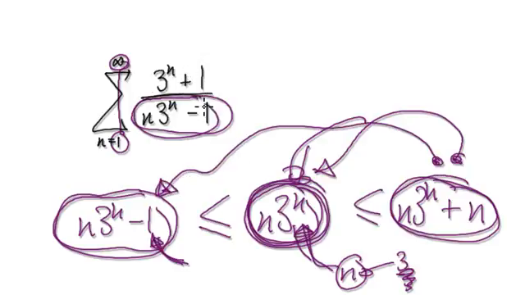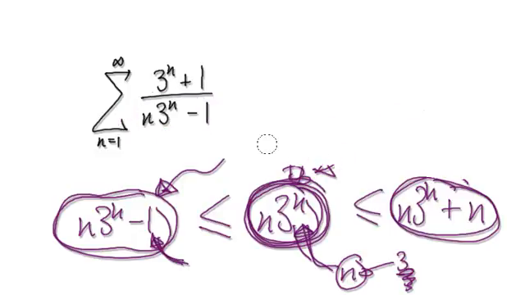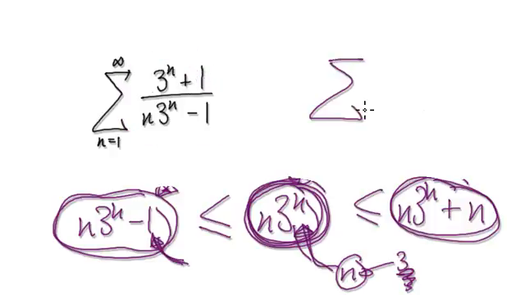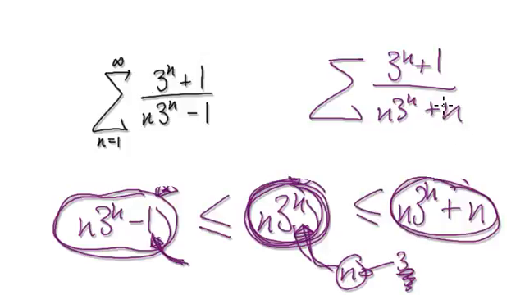So looking at the denominator, I can compare this to this, exactly the same on the numerator, and then for the denominator, n 3 to the n plus n. So we know that this thing here will be bigger than this thing here.